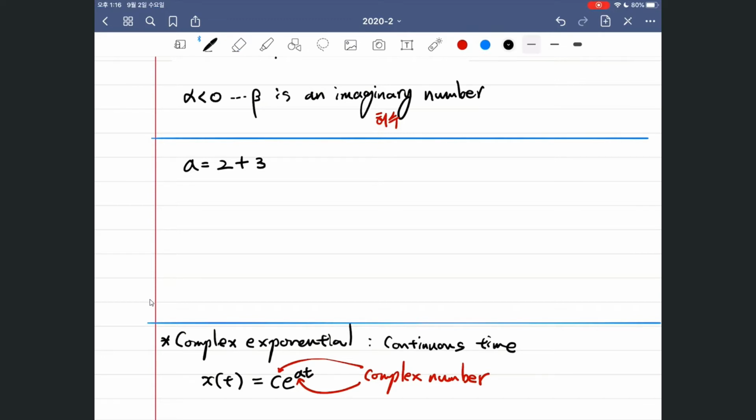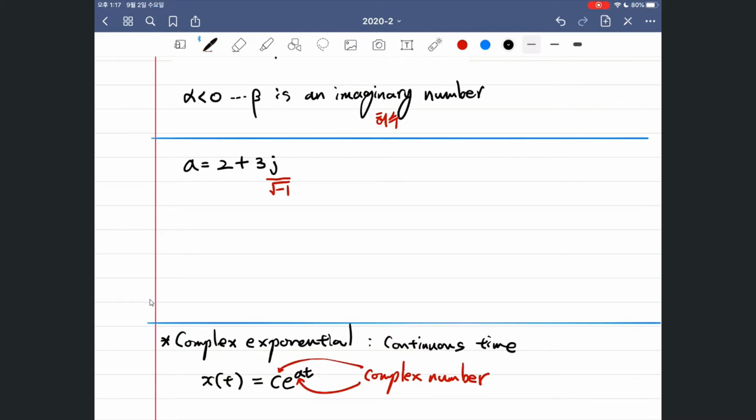To express this 3 as an imaginary part, you often express the term imaginary as j or i, but I will prefer j here. And by the way, j is the square root of -1.